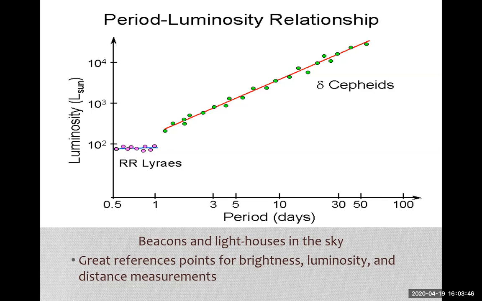But this is important for us because by looking at the periodicity of the Cepheid variable and figuring out how its pulsation changes in terms of brightness, we can work backwards to figure out luminosity. And by finding the luminosity of a star, we can use the luminosity-mass relationship to help figure out its distance as well.